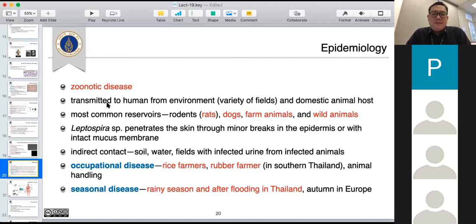This disease is a so-called occupational disease. Occupational disease means a disease related to some occupation.